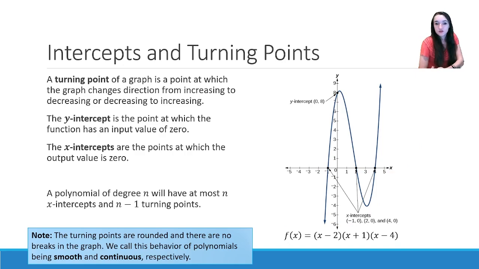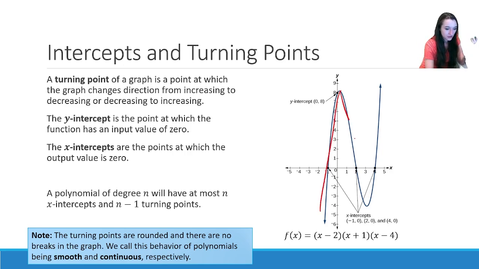The turning points are rounded, and there are no breaks in the graph, so we call this behavior of polynomials being, again, smooth and continuous, respectively. So as I said before, our polynomials are smooth and continuous. The turning points better be smooth. The reason I'm highlighting this another time is because quite often, when graphing, people will forget that we are not coming to a point.